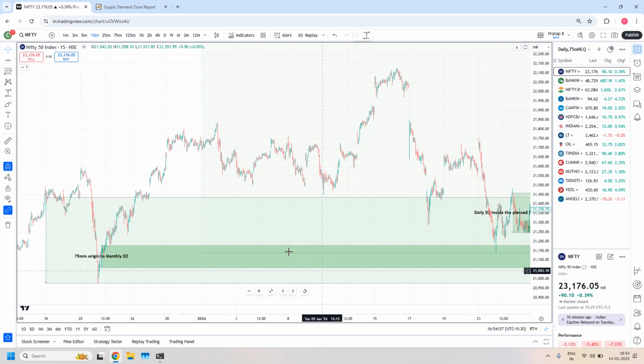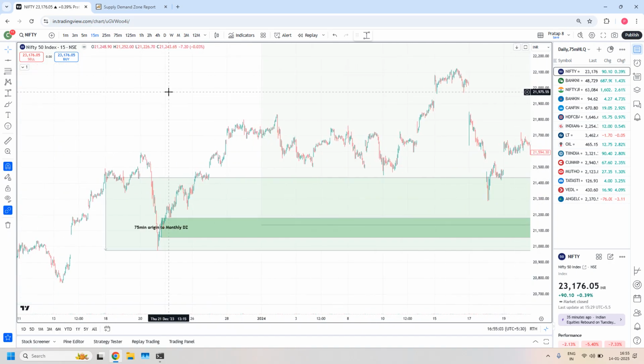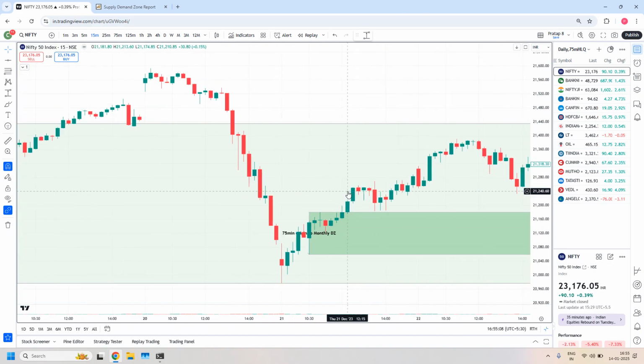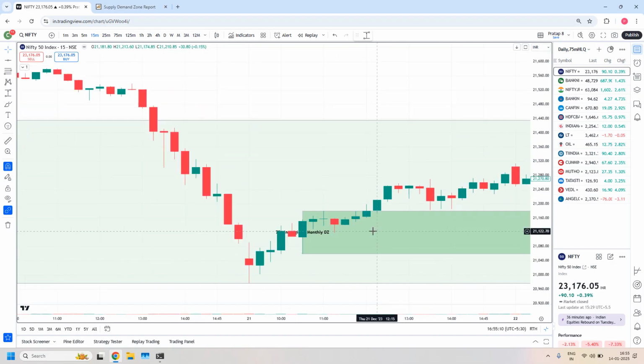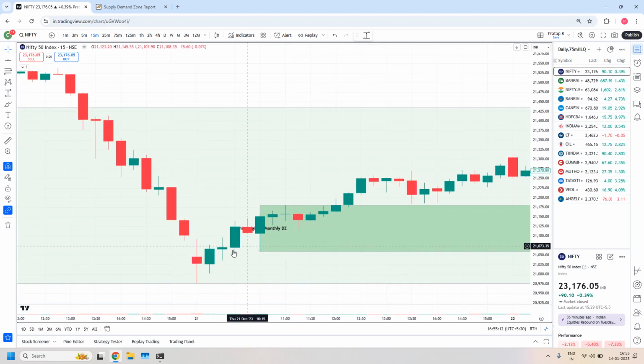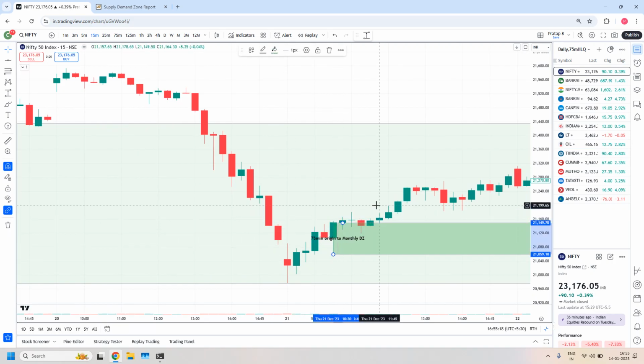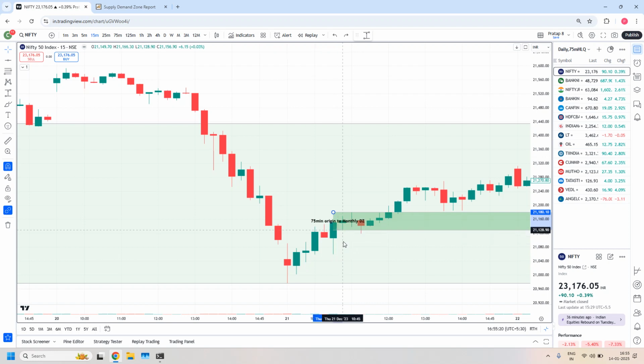And what about here? You have a 75 minutes horizon to the monthly zone. Is there any 15-minute zone within this area? Let's verify. Yes. Here you have a rally base rally, but is it a big candle? No. What about the wick?